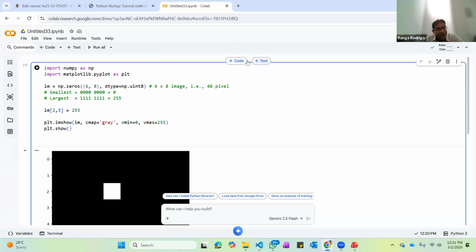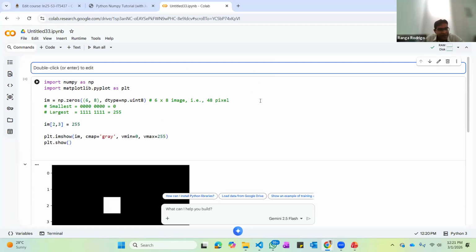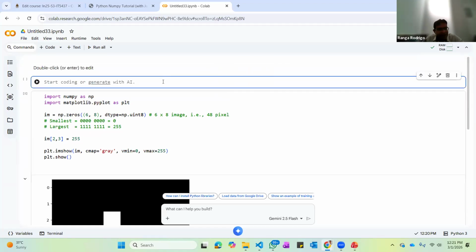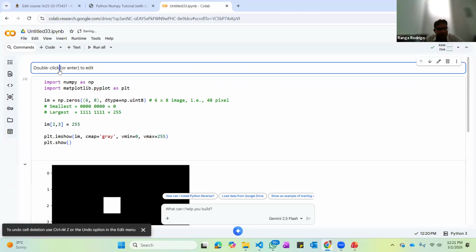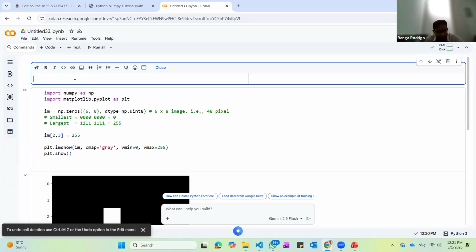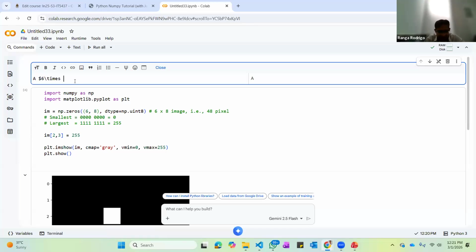In this notebook you have something called markdown also. That means you can include text also. So I can double click and enter: creating a 6 times 8 grayscale image.